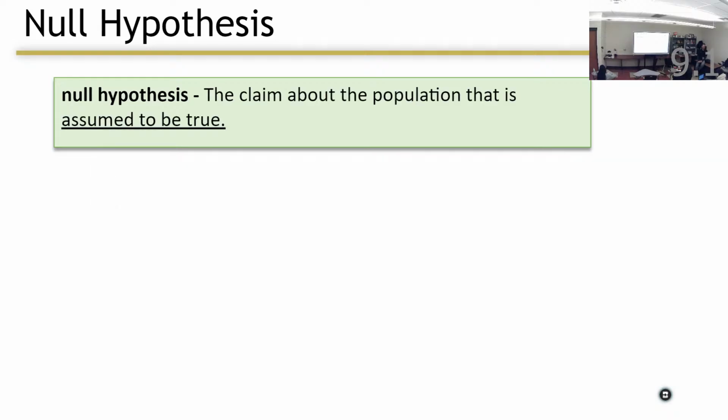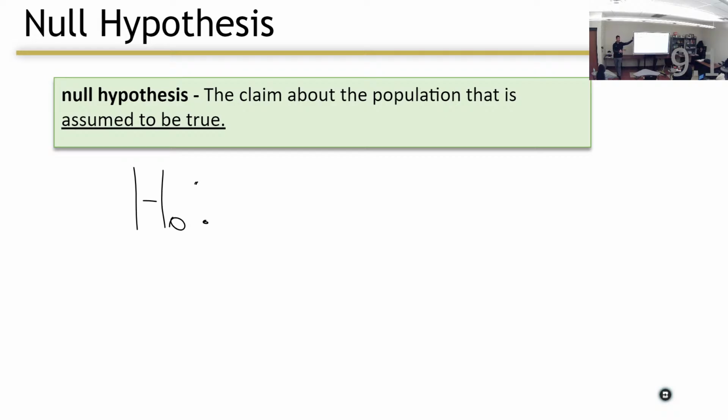That's the claim. That's what we're assuming to be true. That 73%, that's my null hypothesis. The way we write this is we say H naught, and we're not going to say equals. You write H naught and then a colon.